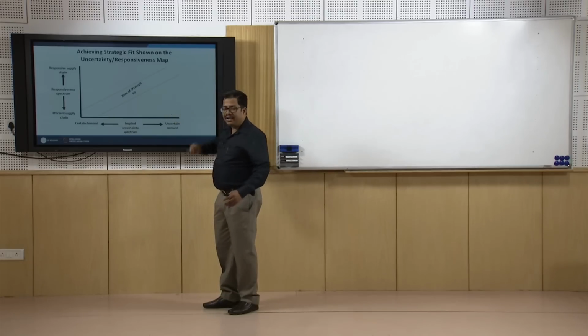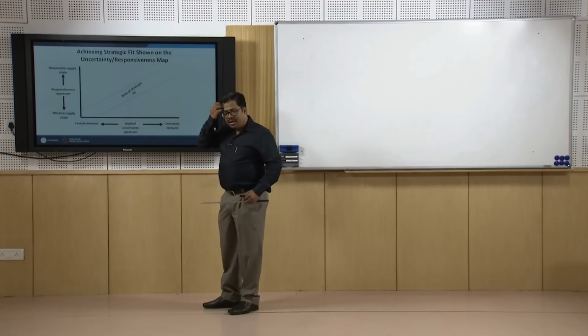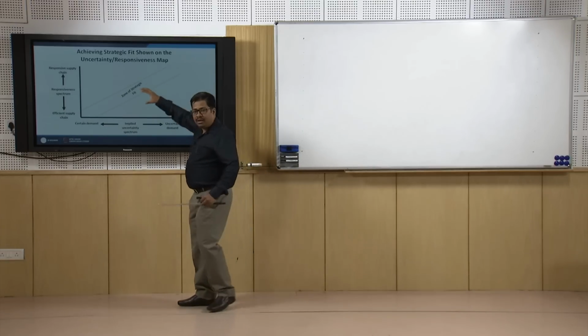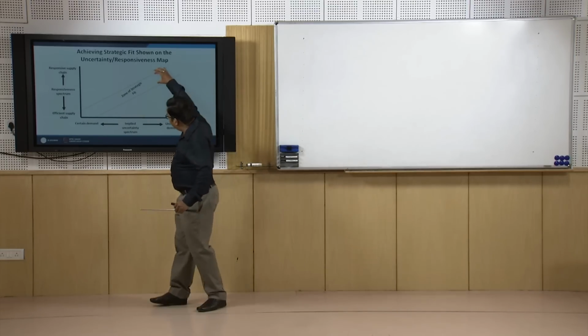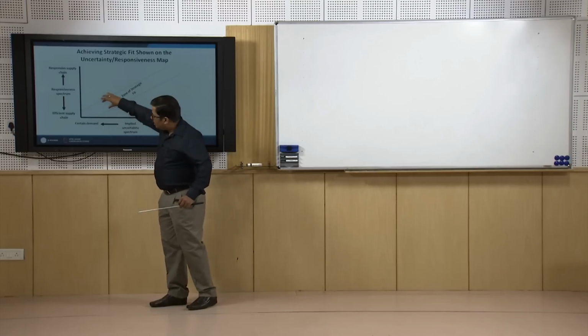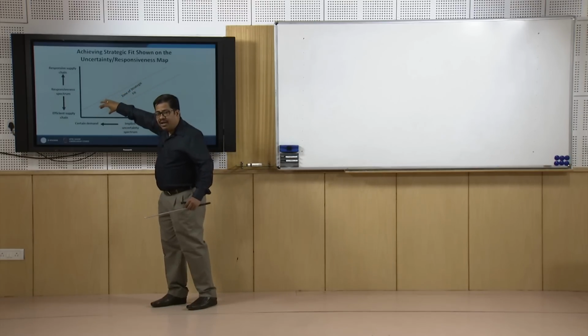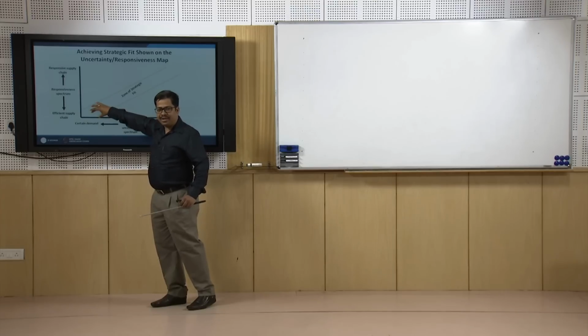This is very important. Now, as a supply chain manager, I always want to keep my supply chain in the zone of strategic fit. This is the zone where I would like to place my supply chain.